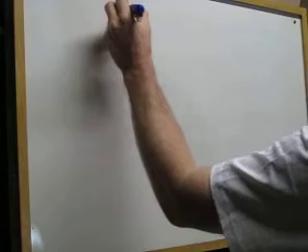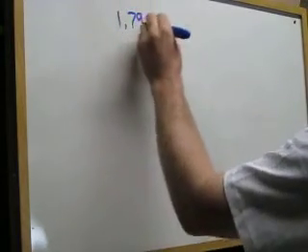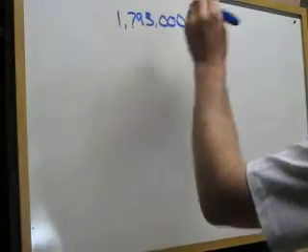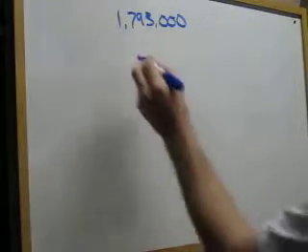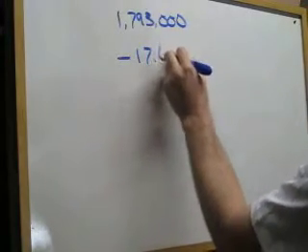So, example 2, we've got a percent decrease. In 1986, there were approximately 1,793,000 DUIs. By 1997, the number had decreased 17.6%.